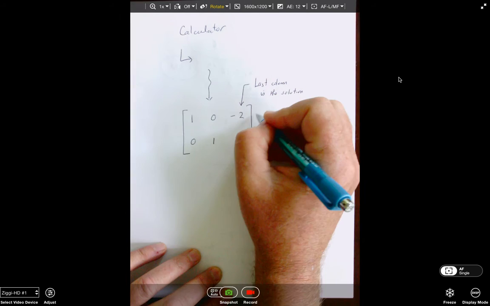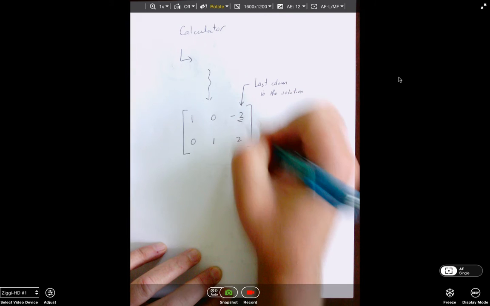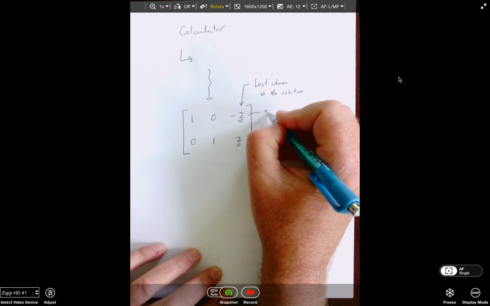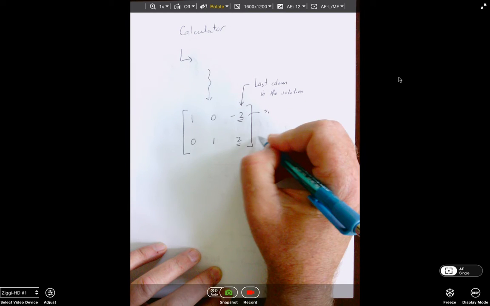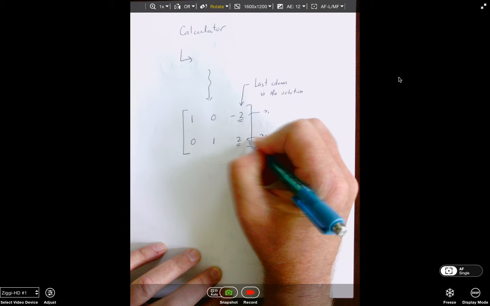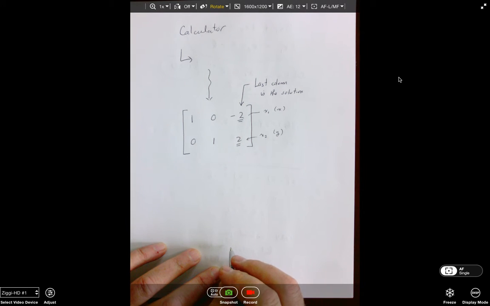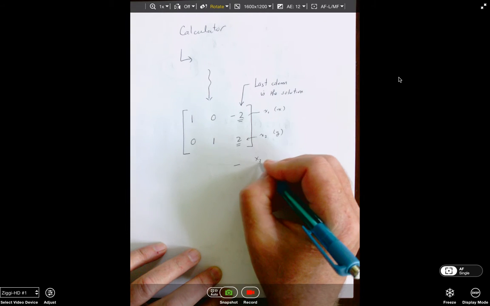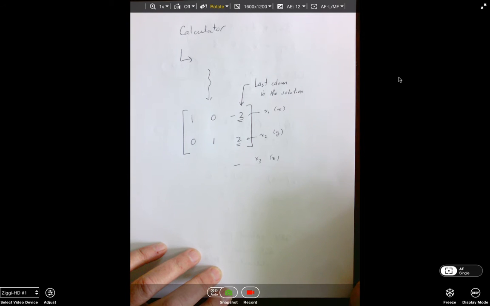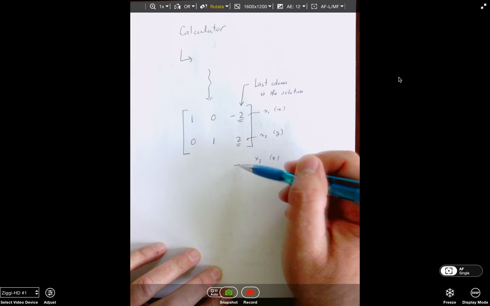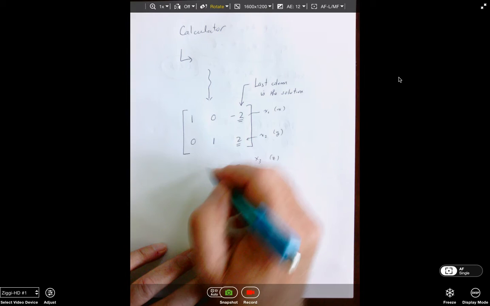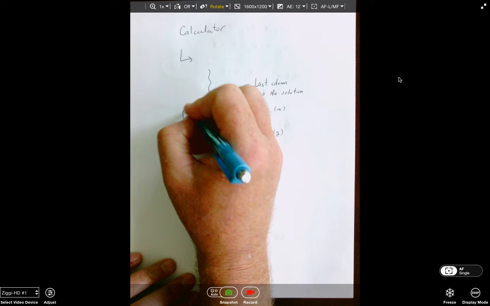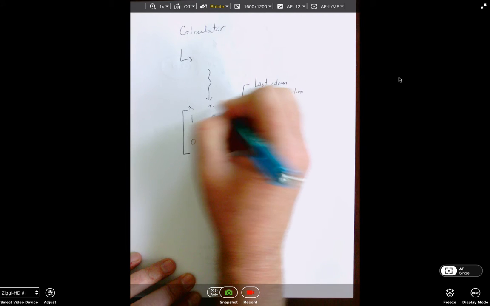And what's in the first entry and the second entry, this is just our x1, and this is our x2, or if we're using x's and y's, it would be x's and y's. If we're going to get in a situation where we have maybe a third variable, which we could call z, then whatever's there would be our solution. But right now, our solution is this. And the reason it is what you're kind of thinking here is you've got your columns x1, x2, and then your number.